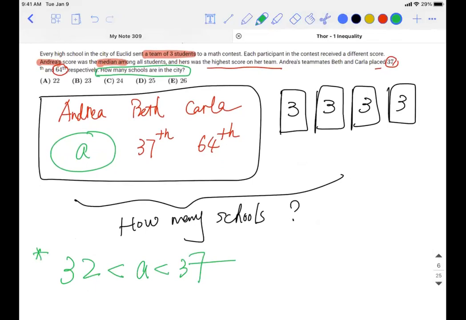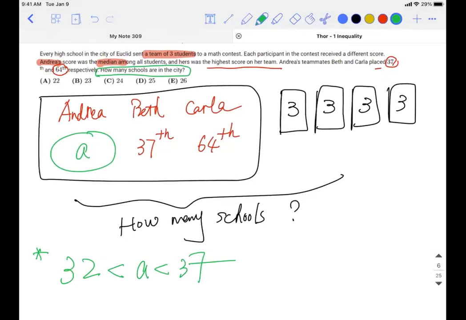Okay, what else? I see Yan, maybe you raise your hands. Yeah, I think we can actually find Andrea's score, the first place, because for every high school, let's say there are H high schools, so there are going to be 3H students, right? And when you divide them by 2, because Andrea is literally right in the middle, you are getting the middle number, which is the person in the middle.